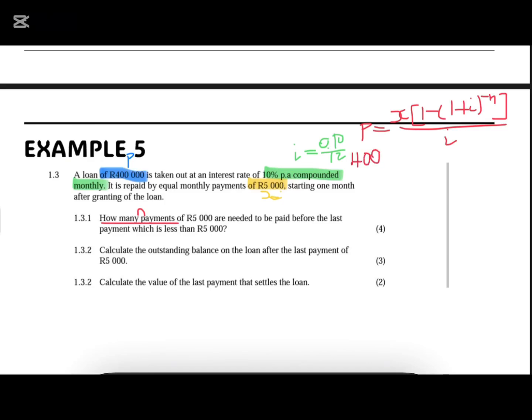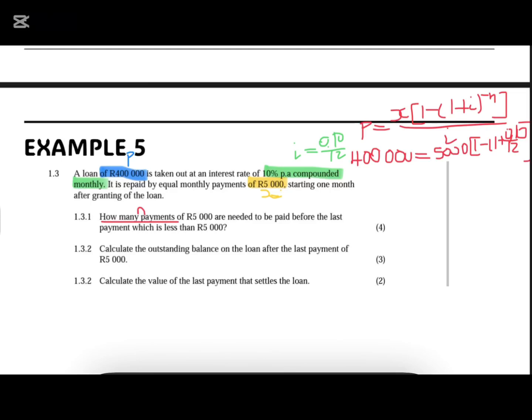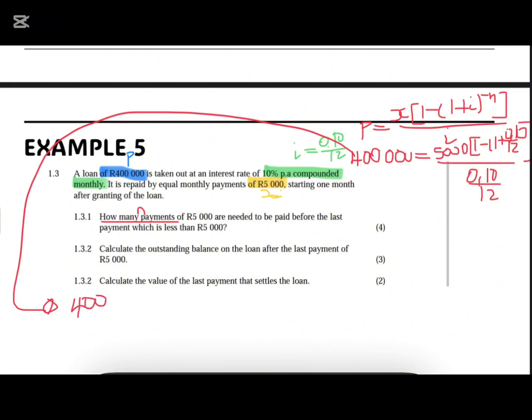We have the present value that is equal to 400,000, which is equal to the value of X, that is 5,000, into 1 subtract, open the bracket, then you'll have 1 plus 0.10 divided by 12 to the power negative n, divided by 0.10 divided by 12.